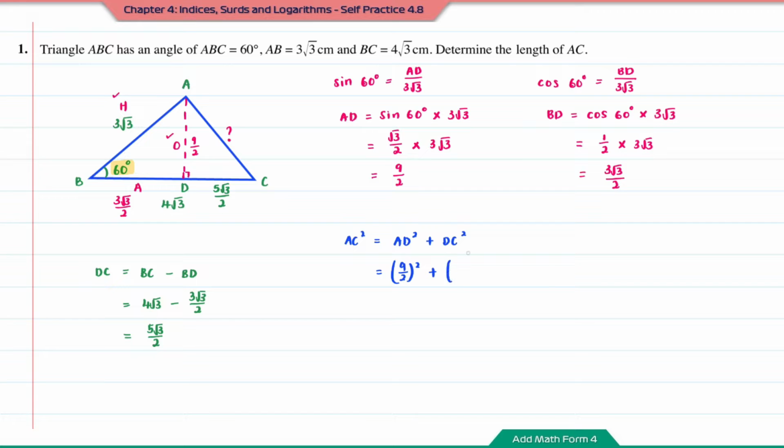The length of DC is 5√3 over 2, and we're going to square it as well. So here you're going to have 81 over 4 plus 75 over 4. Combine these together, and you get 39. So this is the value of AC squared. Therefore, AC is equal to the square root of 39 cm.